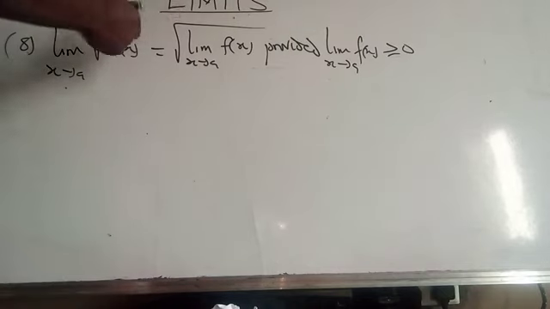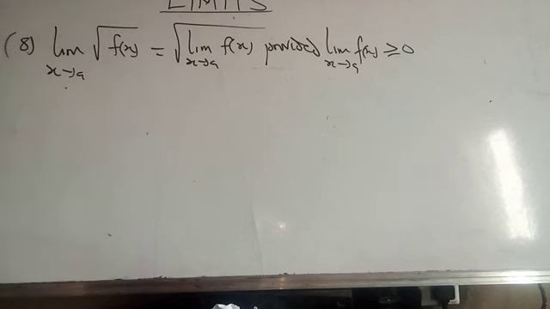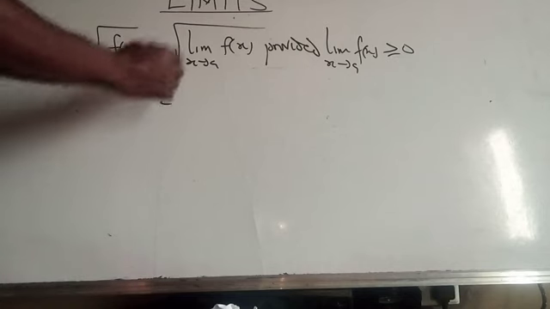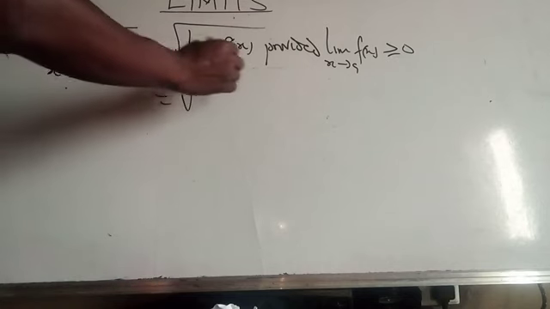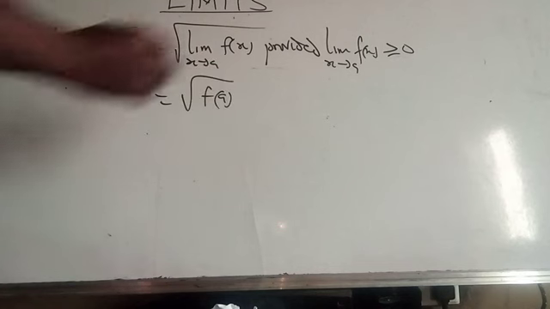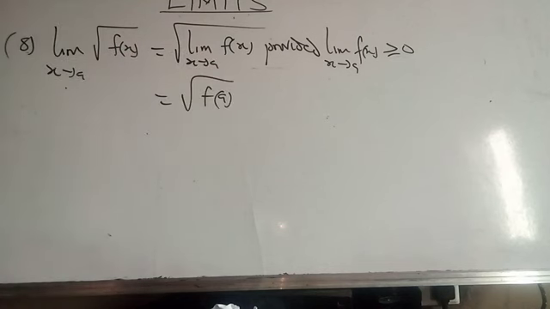Because if it is negative, you cannot find the square root, since we are talking about real numbers, not complex numbers. So in this case we can say the square root of f of a.